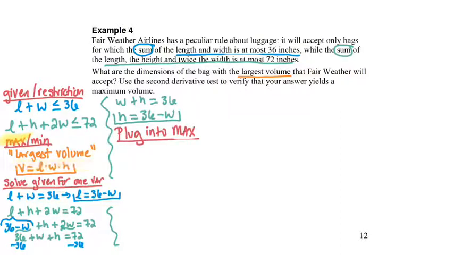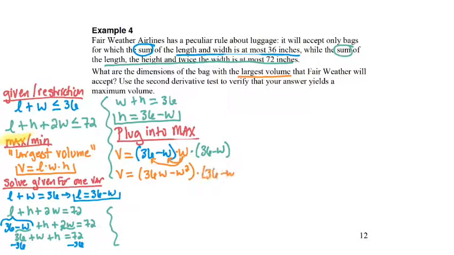So taking the volume function that starts with the length, but instead of writing L, we're going to write 36 minus W. Next, we write the width, and we have not solved for a width, so we'll go ahead and just put the W. But in terms of height, we do have an equation to substitute height with, which also is 36 minus W. Now, my goal is to take a derivative of V. We know how to do a power rule, which you don't really need to, because let's go ahead and just distribute here.